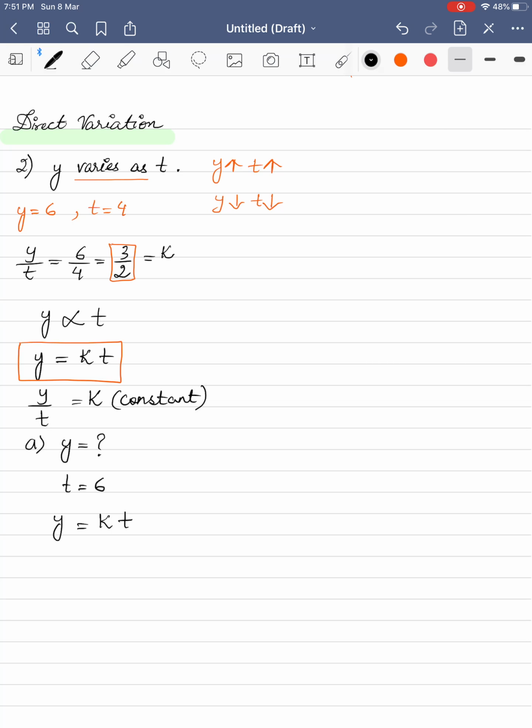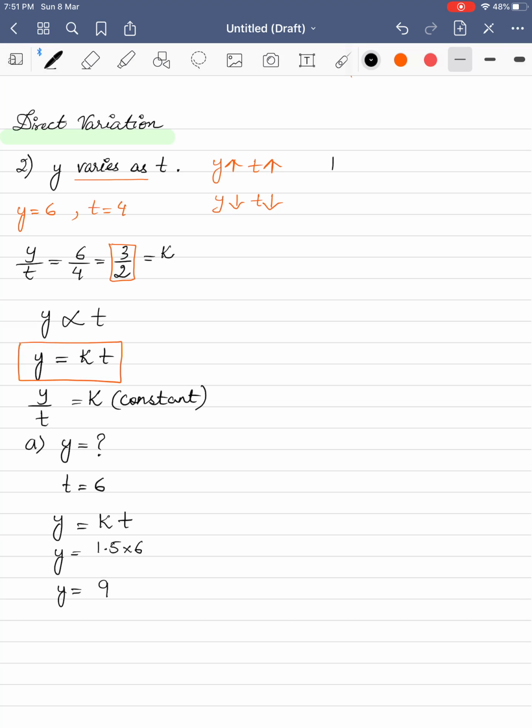Now we can plug in the values that are given to us. We are given that t is equal to 6 and k is equal to 3/2. We can write that as 1.5 into 6, which is equal to 9. So that answers the first part of our question.